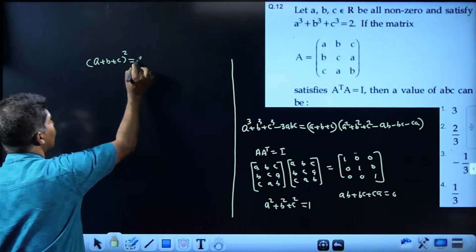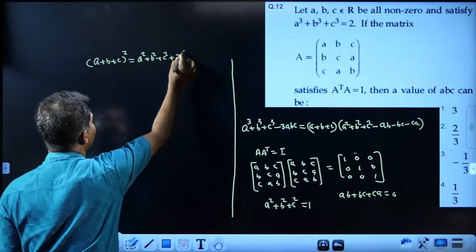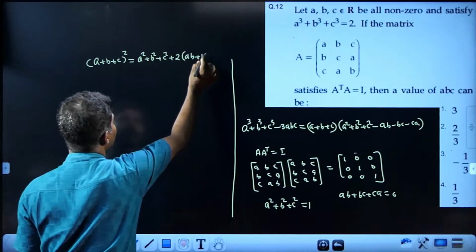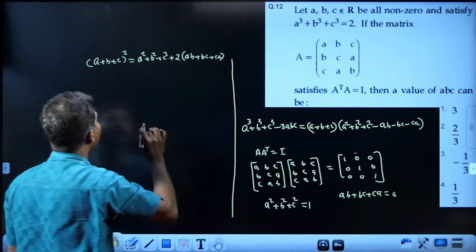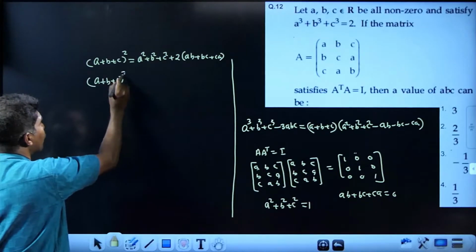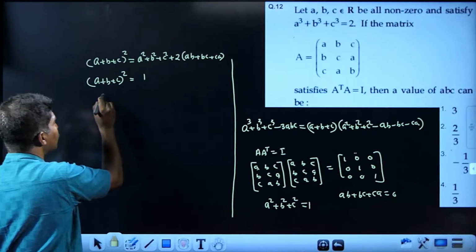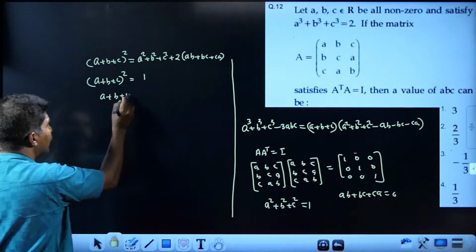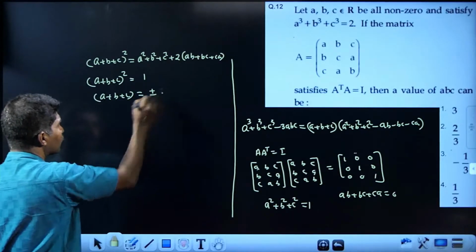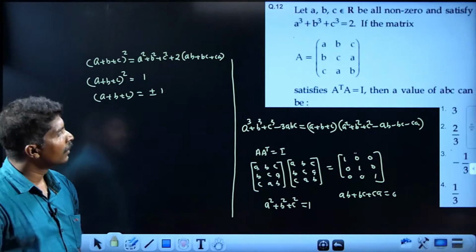You know that this is equal to a square plus b square plus c square plus 2 times (ab plus bc plus ca). So (a plus b plus c) the whole square is nothing but 1. Therefore a plus b plus c is plus or minus 1. First you take plus 1, and then you can take negative 1.